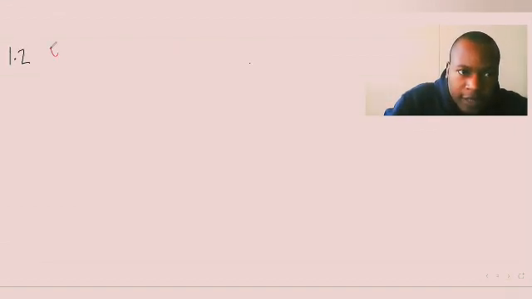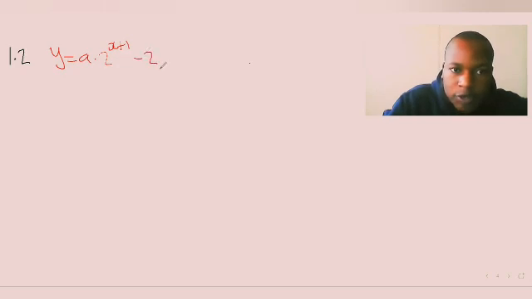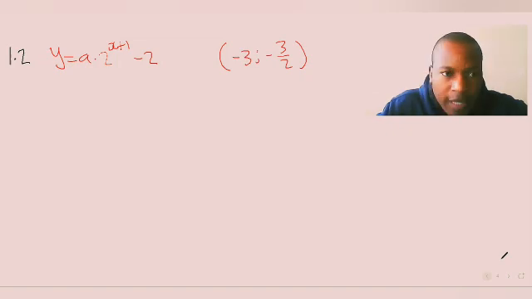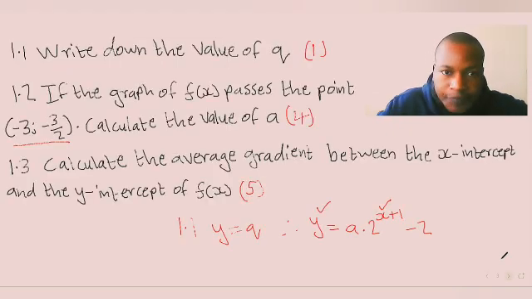I'll just rewrite the equation. That would be a multiplied by 2 to the power x plus 1 minus 2. And we've been given the point -3 is to -3 divided by 2. That would be the point that we would have been given.